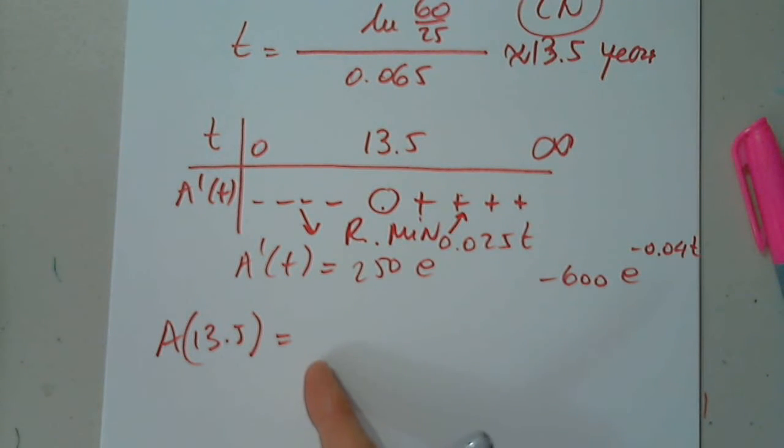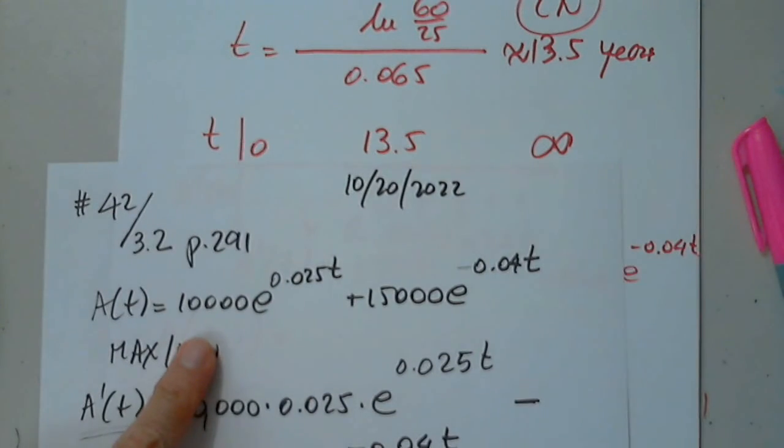Now, how do I determine this? Now I have to punch in the function to determine the actual value. So go back to y equals, and what was the function? Initially it was 10,000 e to, what was it?